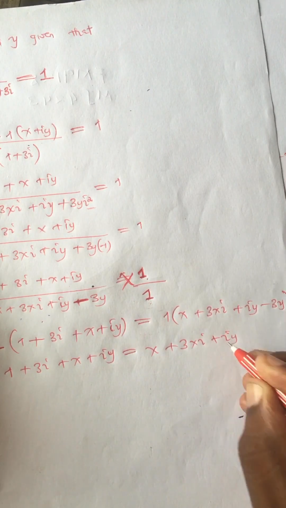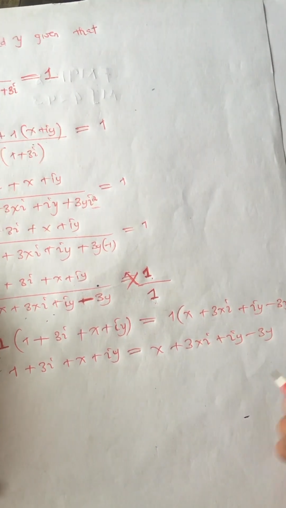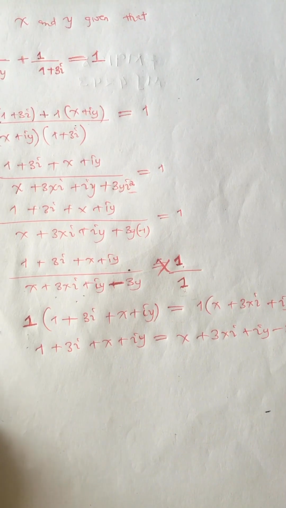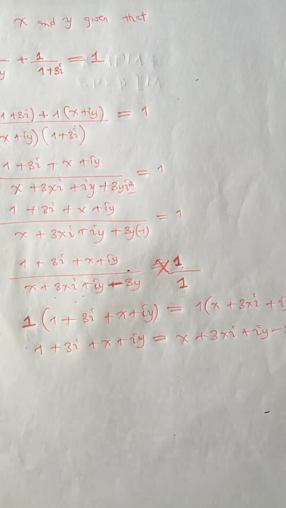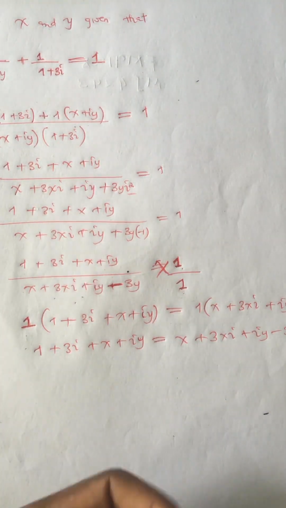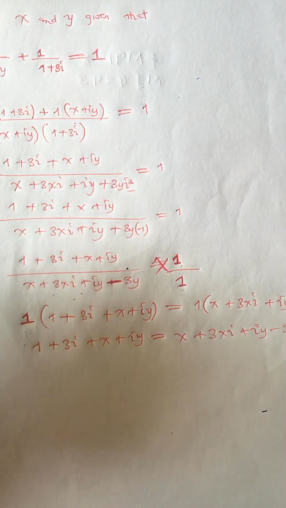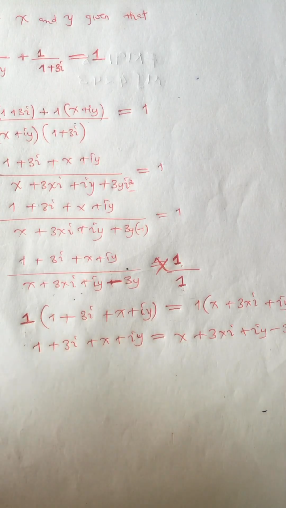Okay, then when you reach this part now, you just have to know how to pair the real part with the real part, then the imaginary part with the imaginary part. I said the real part is those numbers that are only real numbers.